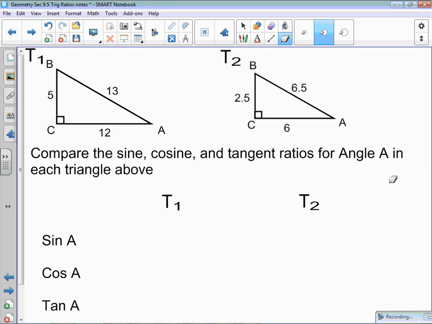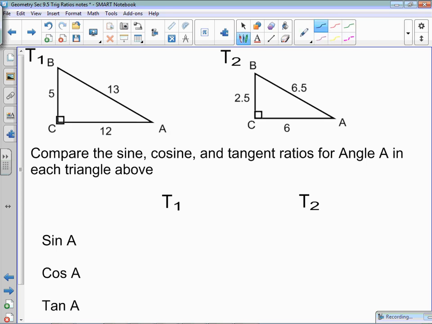All right, so here we have two different triangles. Triangle 1, triangle 2. We want to compare the sine, cosine, and tangent ratios for angle A in both triangles above. All right, so if we look at triangle 1 for angle A, we're looking at that angle right there, right?